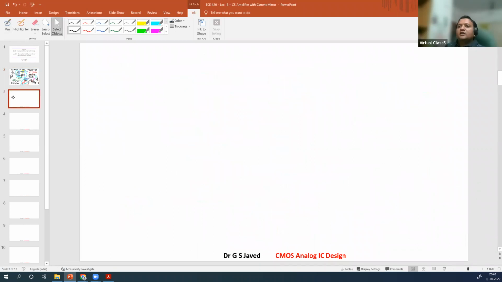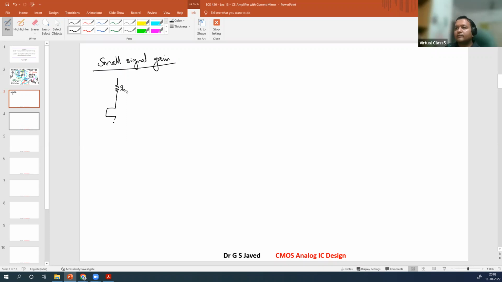Now let us find the small signal gain of the entire circuit. So what does a small signal gain look like? The small signal gain will look like as follows. Your input circuit, let me quickly draw.